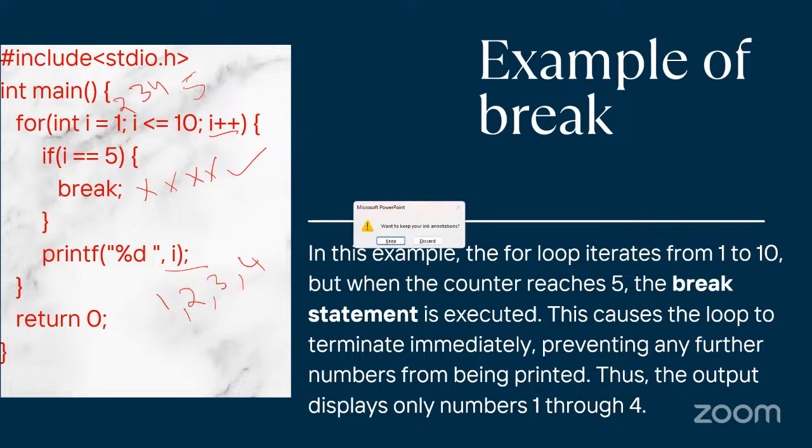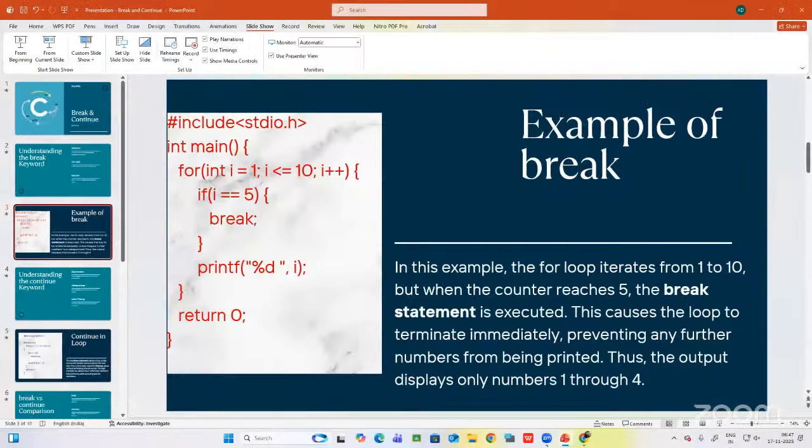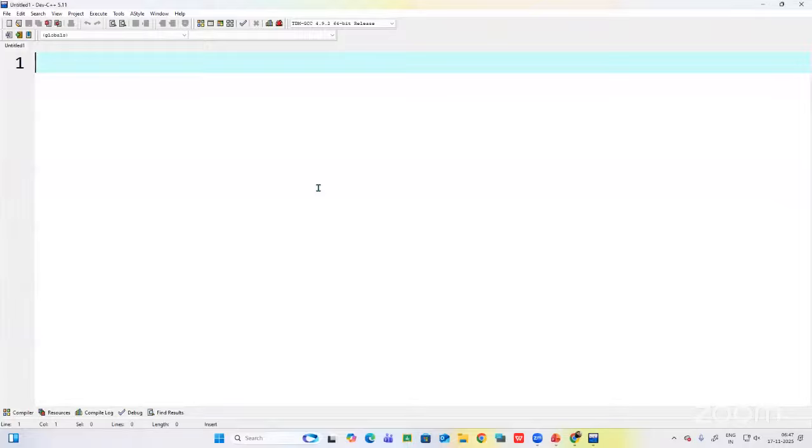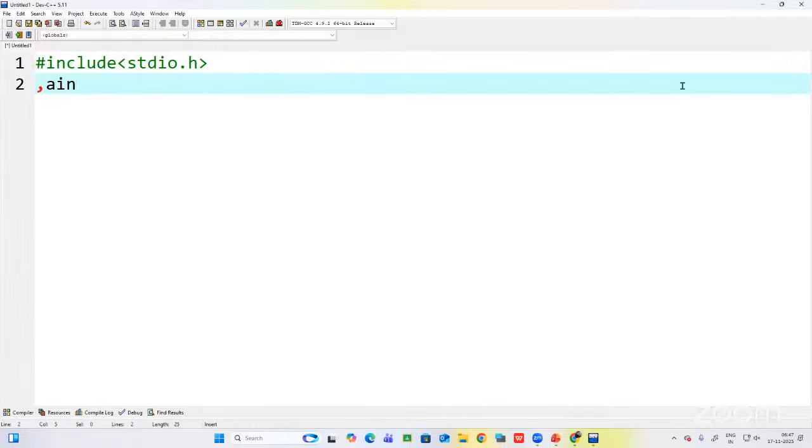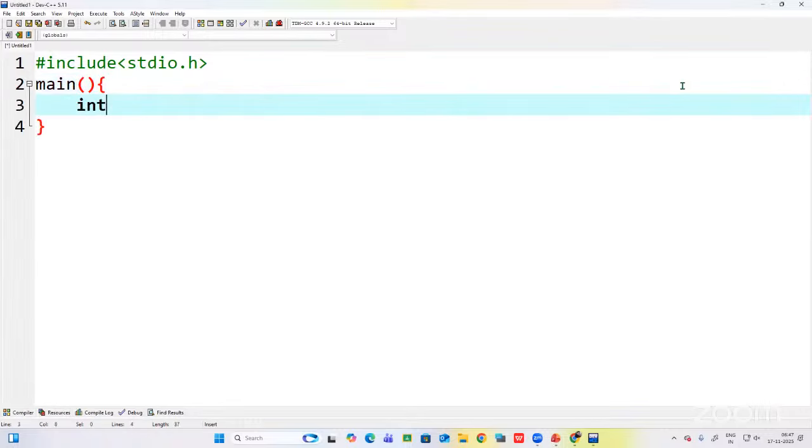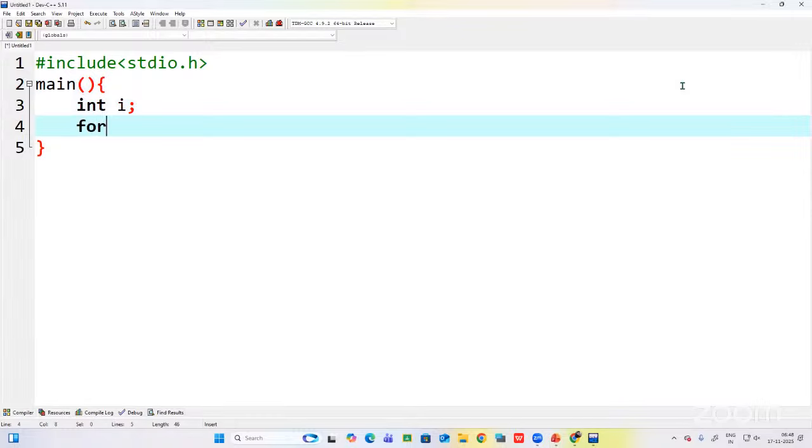Let me demonstrate that using a simulation, right? Let me simulate it. I'll take a new file, #include stdio.h, main, block, int i, for i equals 1, i less than or equal to 10, i plus plus.